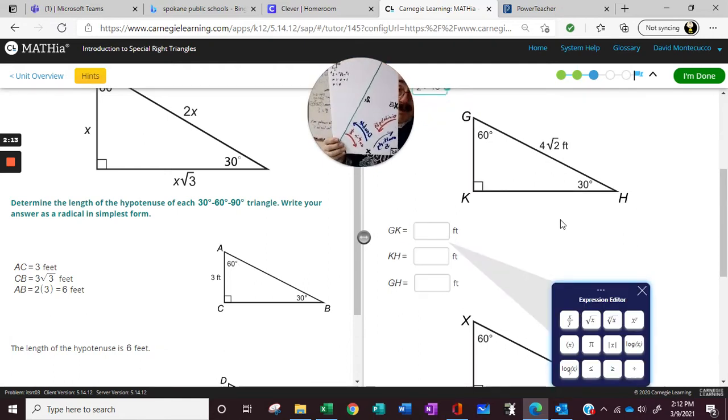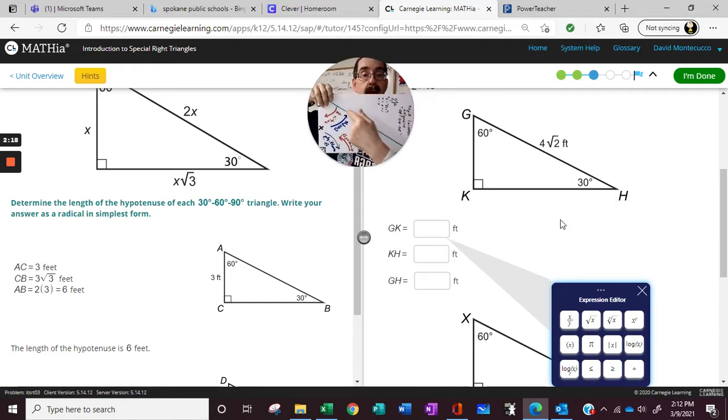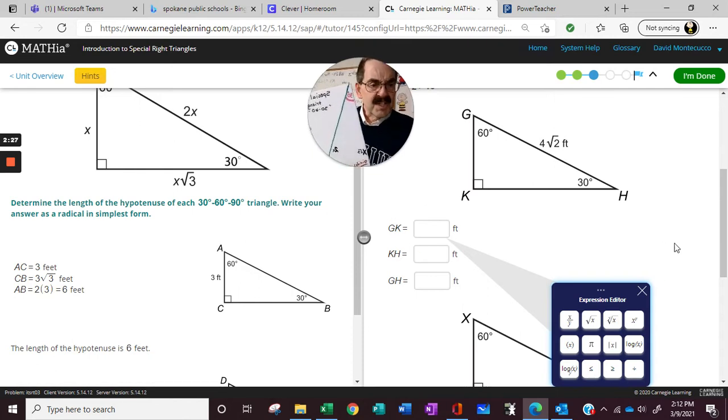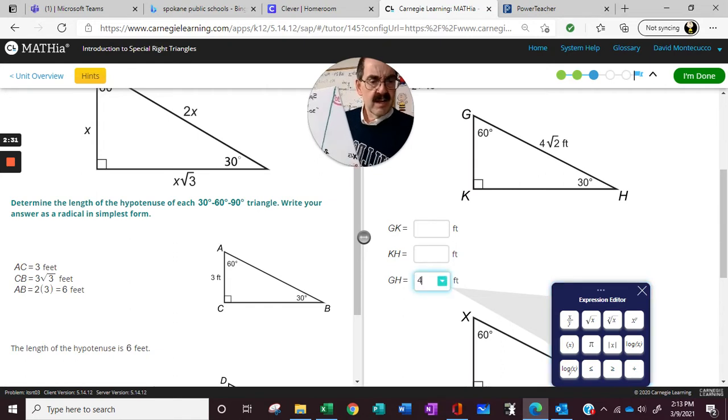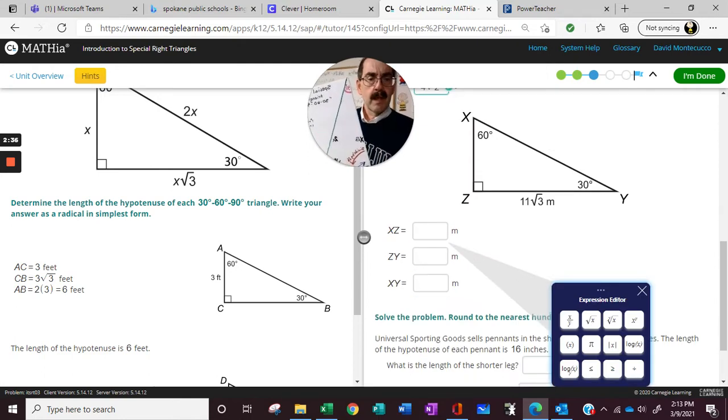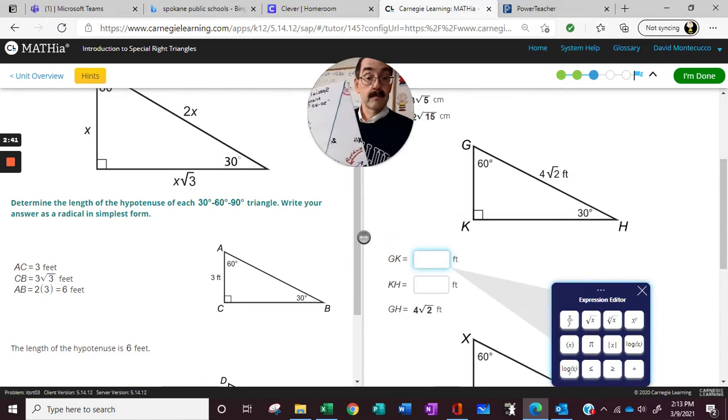Alright, so now we're going to complicate it. Tip it on its side here. What do we got? We've got the hypotenuse, that's 2x. So when we bring it back from the hypotenuse, we cut it in half. So that's GH, so let's just type that in, 4 radical 2. GK, cut it in half.